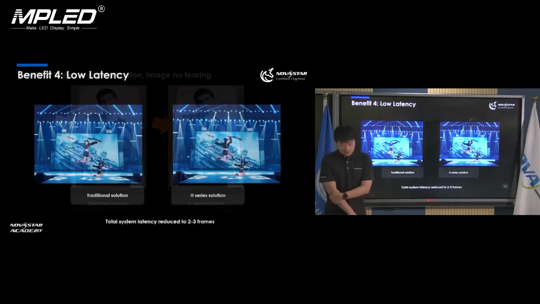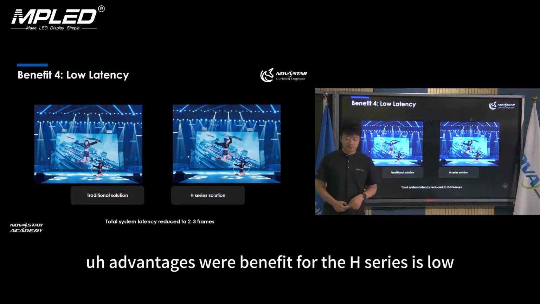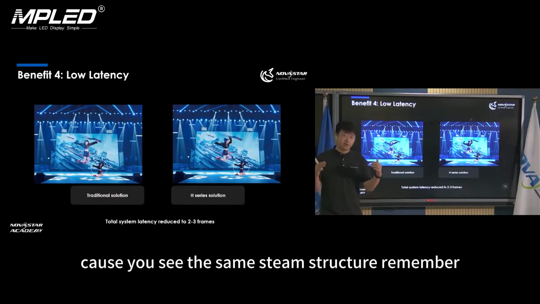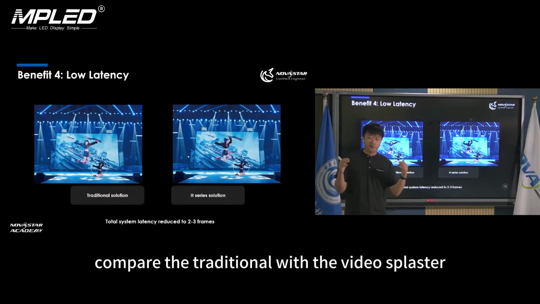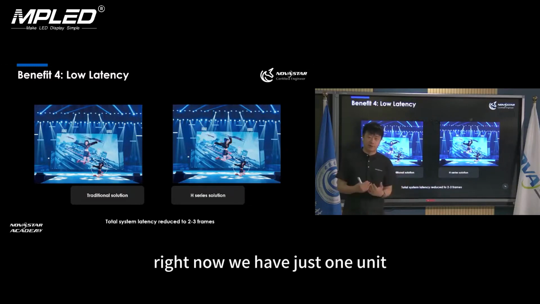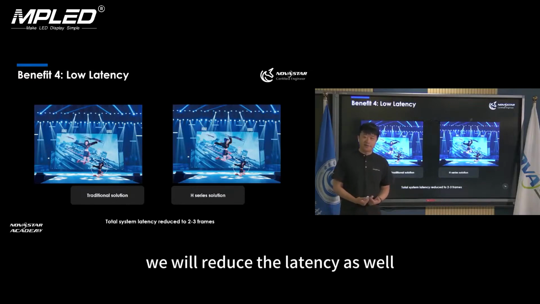And the fourth advantage or benefit for the H series is low latency, because you see the same structure. Remember, compared to the traditional setup with the video splicer and sending cards, right now we have just one unit. So with the simplified system structure, we reduce the latency as well.